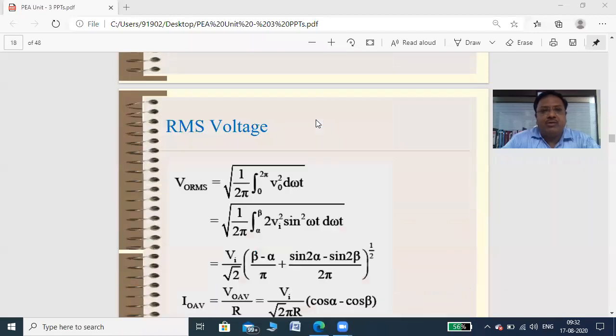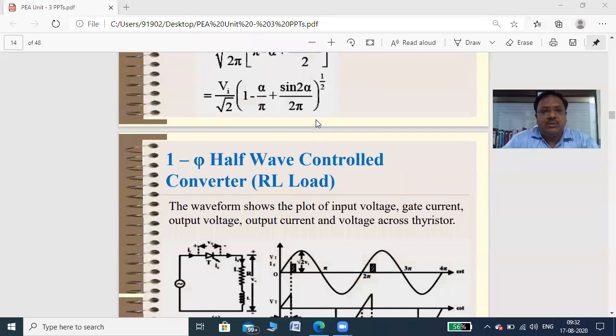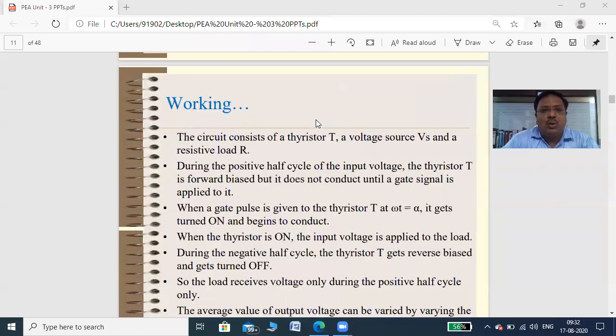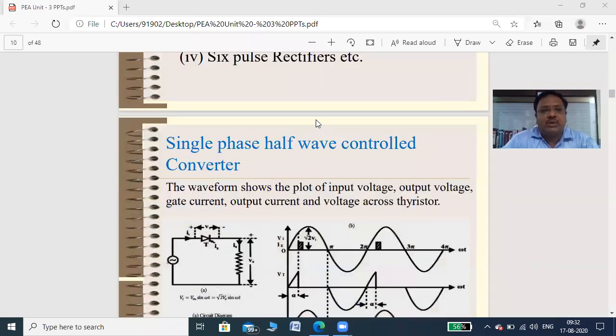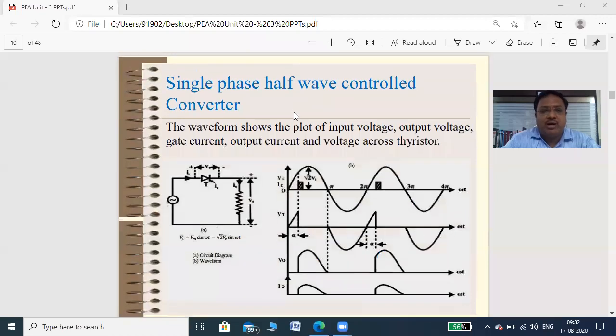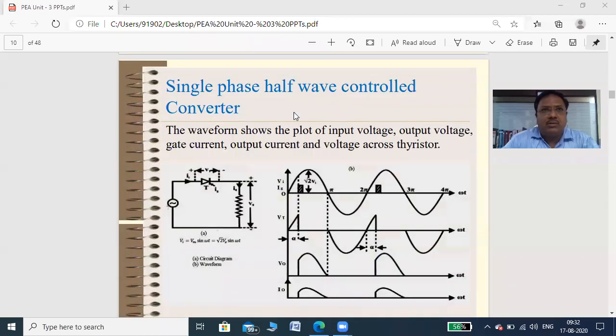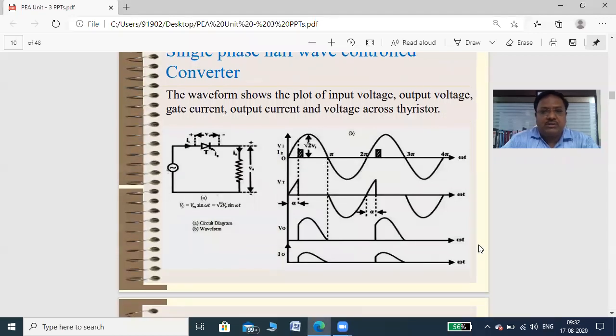So we have started with the half controlled rectifier. Actually, half controlled rectifier will never be asked in an examination, but without understanding the single phase half controlled converter, it is difficult for the students to understand the remaining part. That's why we have started with the half controlled converter.